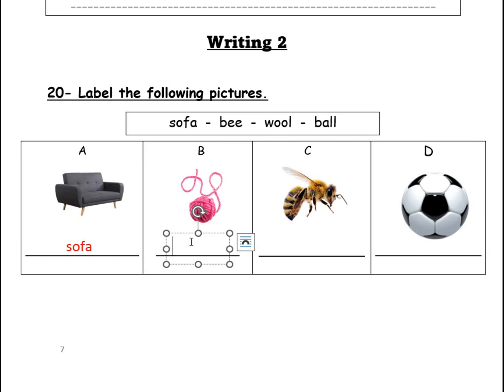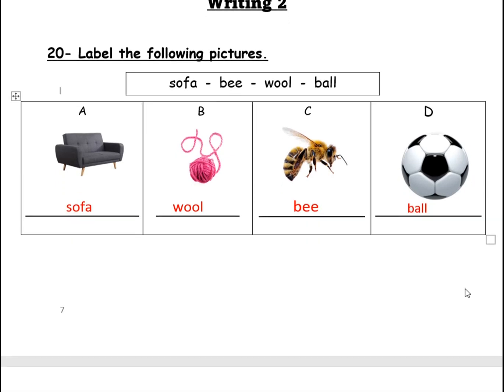We write it here. Now this is bee. This is the word bee. We write it here. And this is a ball. This is the word ball. We write it right here. This is how we do it.